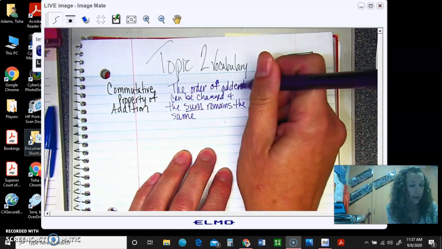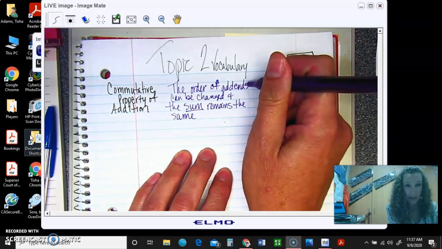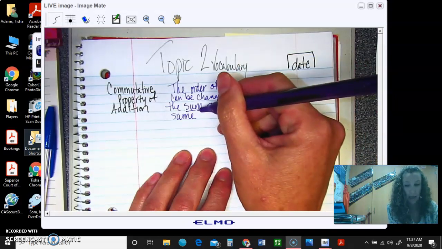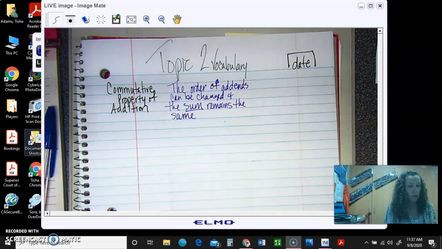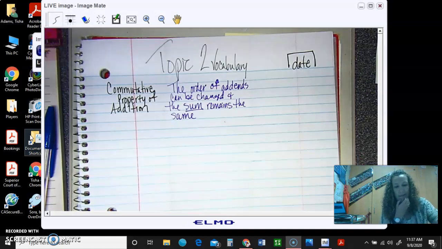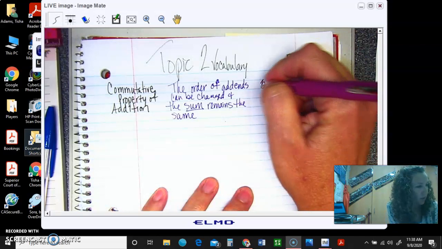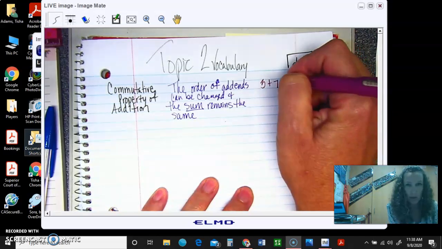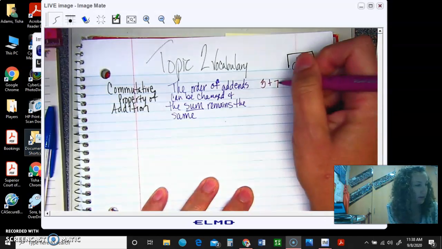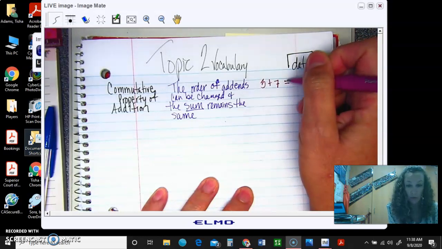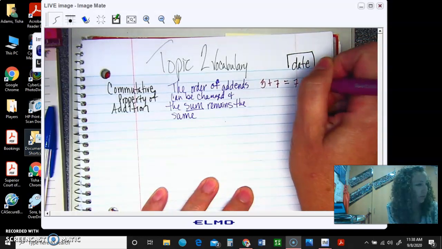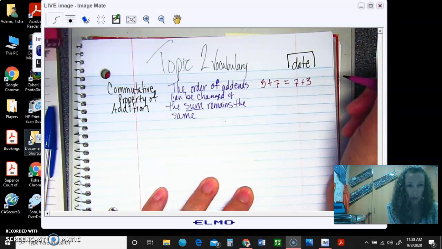Okay, so addends are the things that you're adding together, and sum is the answer. So let's do the example. 3 plus 7 is the same as or equal to 7 plus 3, right? It doesn't matter the order.